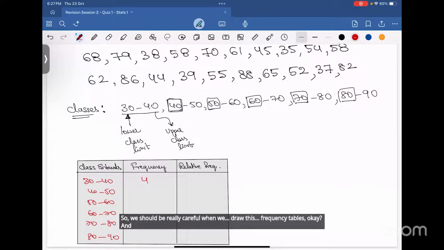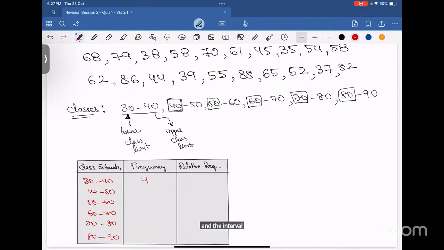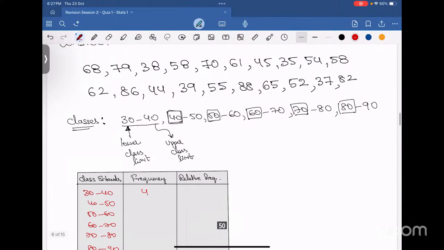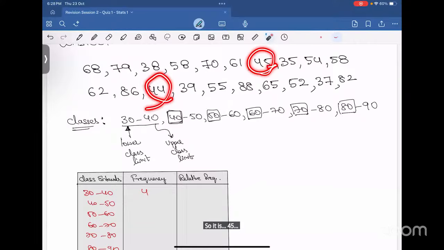The frequency of the class interval 40 to 50: you just have to see the number of data points in the interval 40 to 50. You should not count 50 if at all 50 is there, but count starting from 40 till 49. So it is 45 and 44, only 2, right?